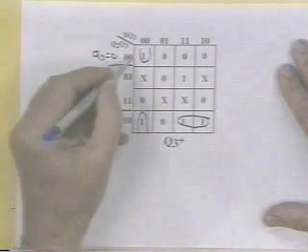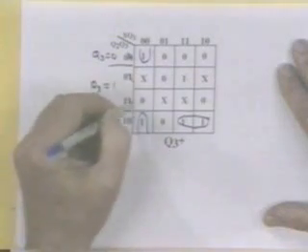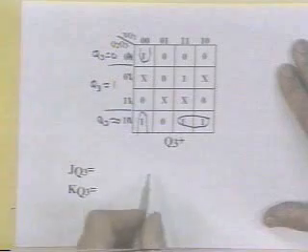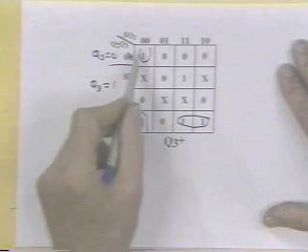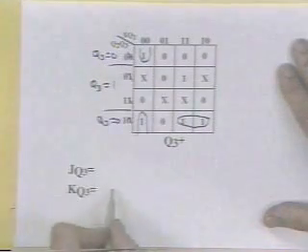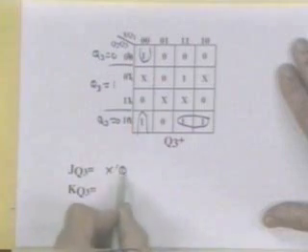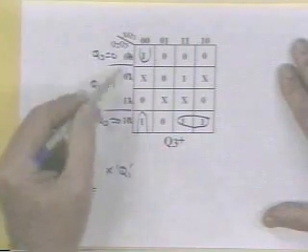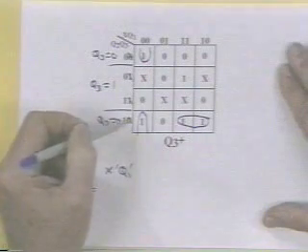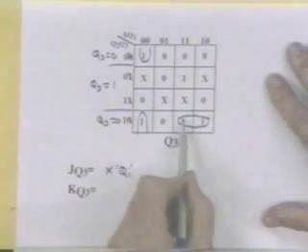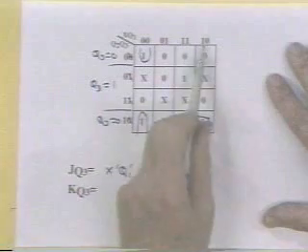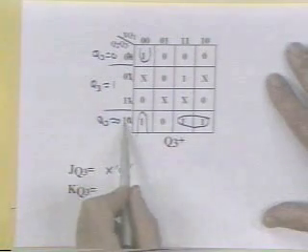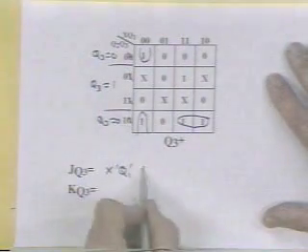And we've eliminated Q3 by setting it to 0 or 1. So what's left here is X prime Q1 prime, and we've eliminated Q2 from top to bottom. All right, and this loop then would be X Q2.